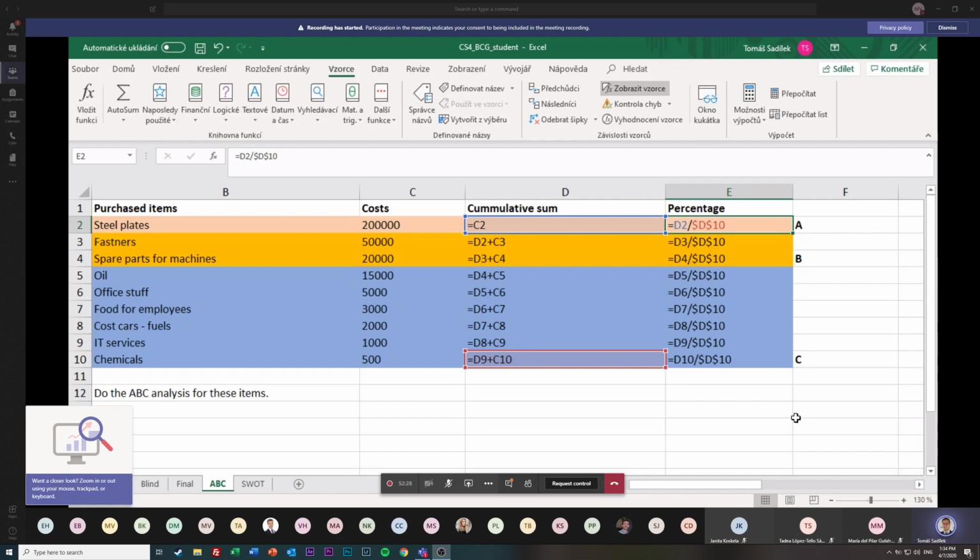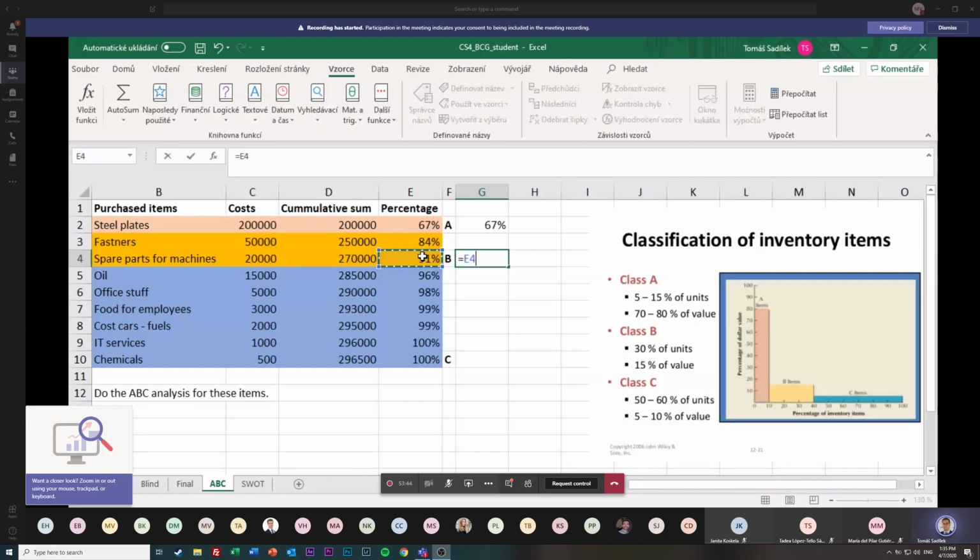For the B group, this is 91 minus 76. So what does it mean? The A is a group, but for B, the sum, whether it's cumulative sum or percentage sum, is for B and A together.